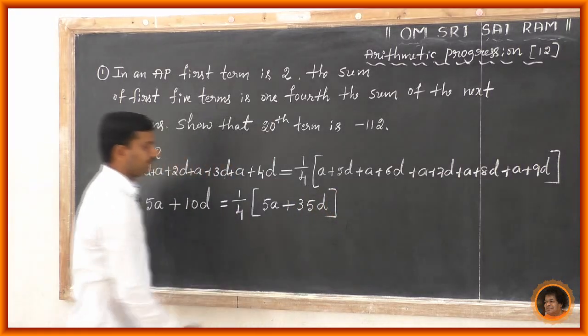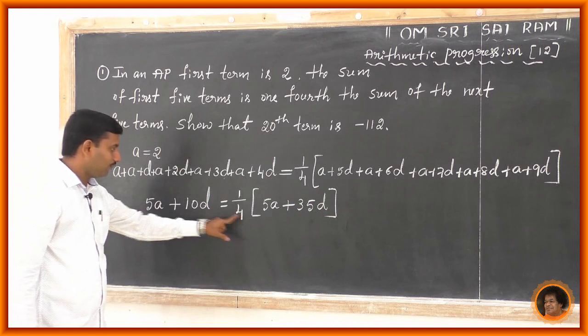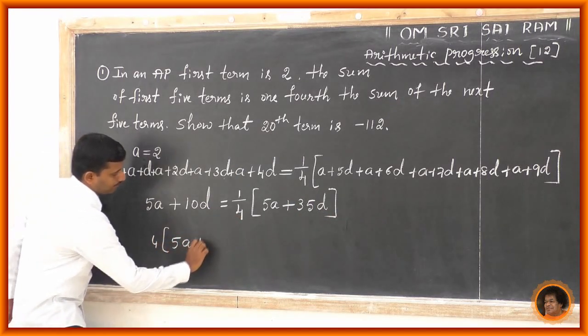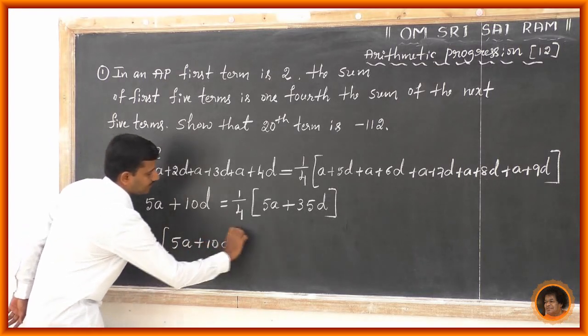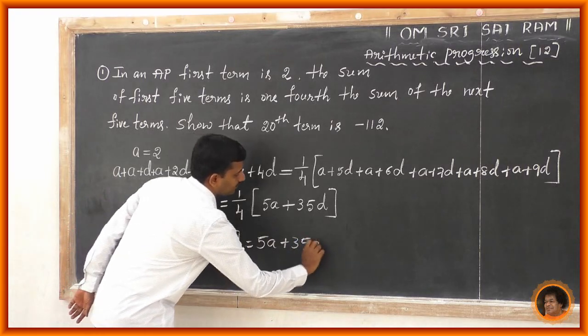So their sum is 35d. So here 1/4. Now transpose this 4 to the left hand side: 4 into 5a plus 10d equal to 5a plus 35d.